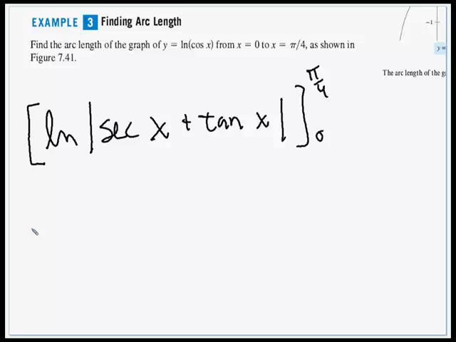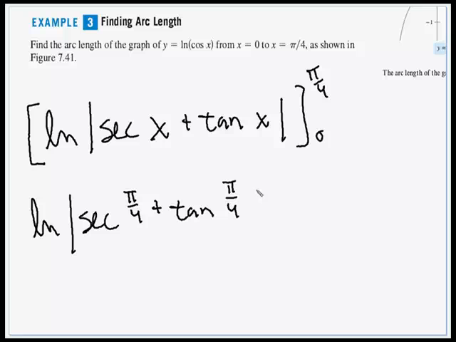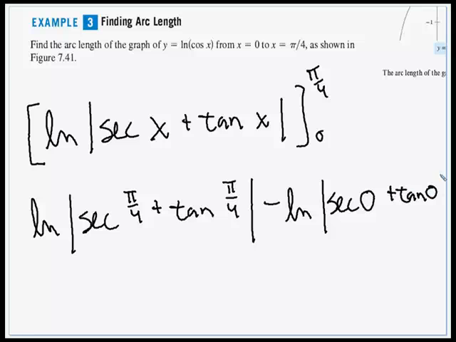So, if we plug in our upper limit, the natural log of secant of 1/4 pi plus tan of 1/4 pi, minus the natural log of the absolute value of the secant of 0 plus the tan of 0. And now we have to think back to the good old unit circle. The ln of absolute value, secant of 1/4 pi.